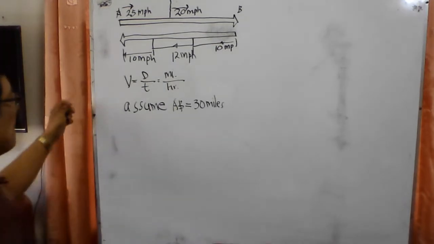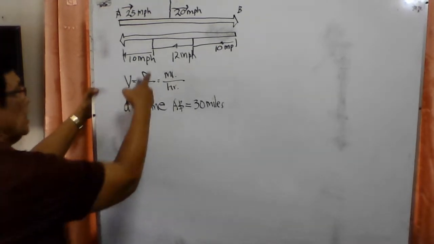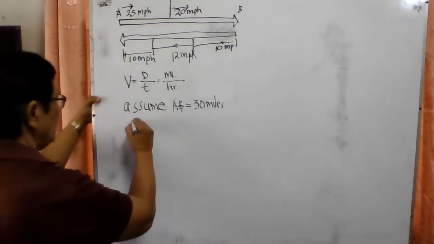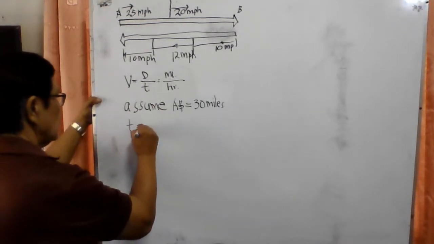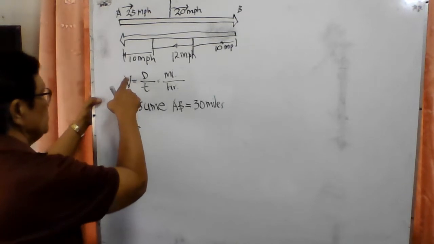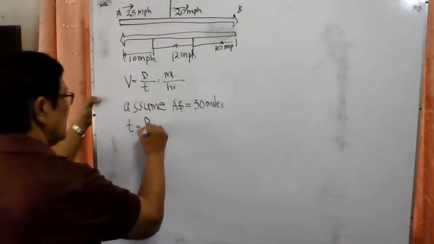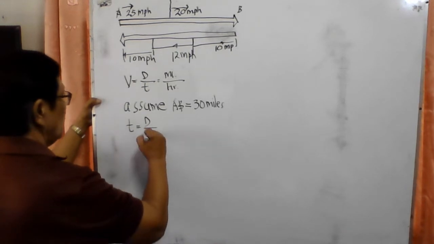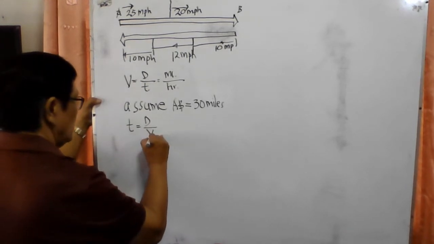Now, if you transpose this in terms of time, time equals distance over velocity or speed.